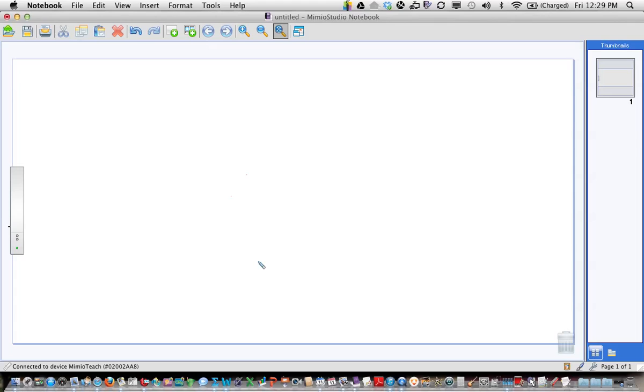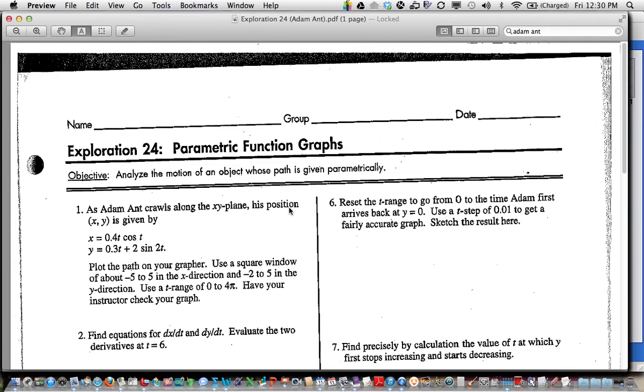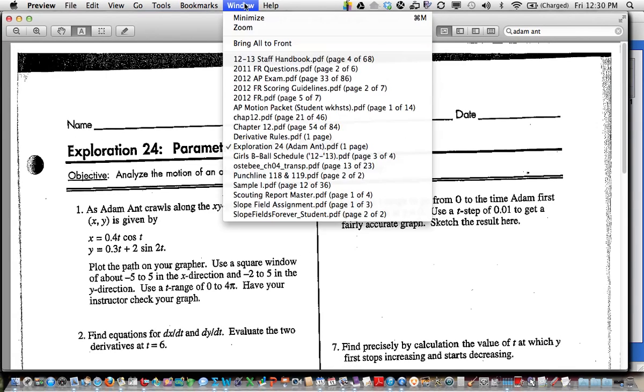Okay, so where do we start? What do you want to look at on the book assignment? Which one? 31. Okay, 31 is a good one to start with. We've got a picture here.